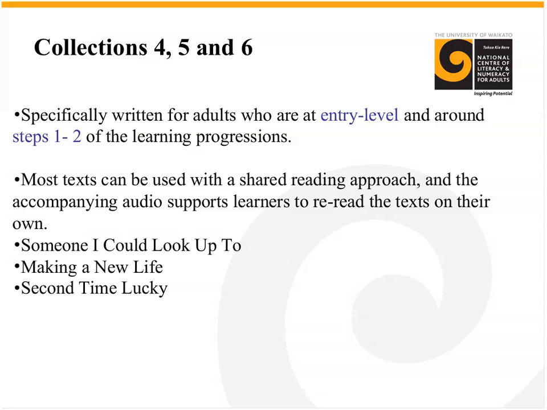These 4, 5 and 6 were written for adults who are at entry level and around step 1 and 2 of the learning progressions. Now I know that that's going to be too high for many of your learners, but we're using this as an example of what you can do in Know Your Learner.